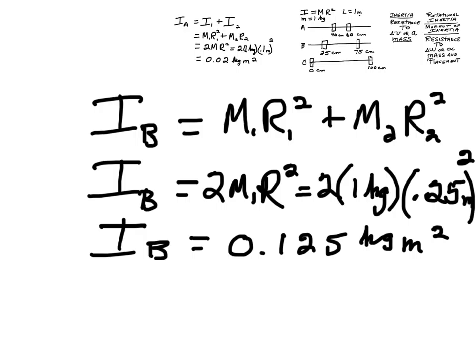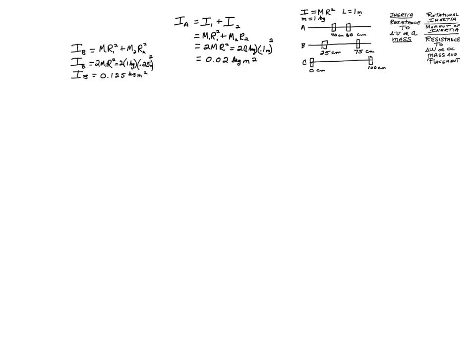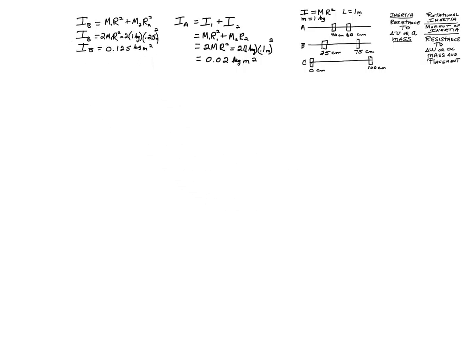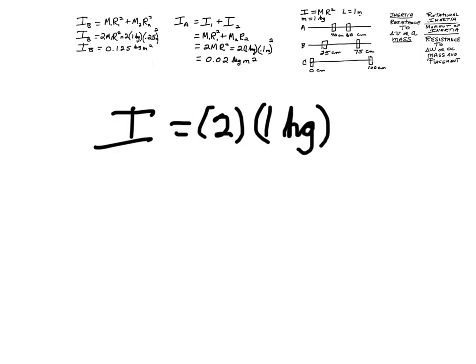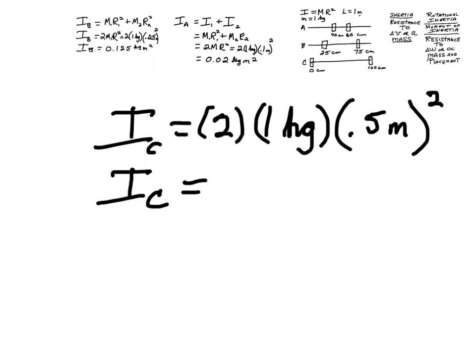And just shortcutting the last part, let's put this one away. We would get that IC is going to be 2 times 1 kilogram times 0.5 meters squared, or IC equals 0.50 kilogram meters squared.